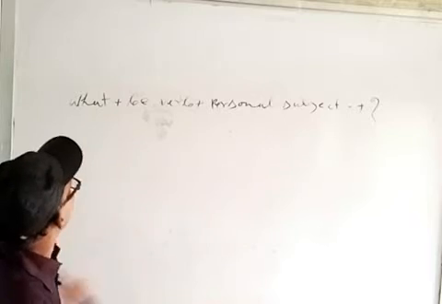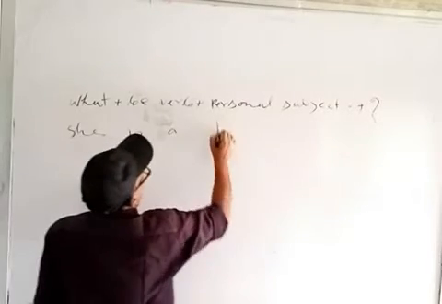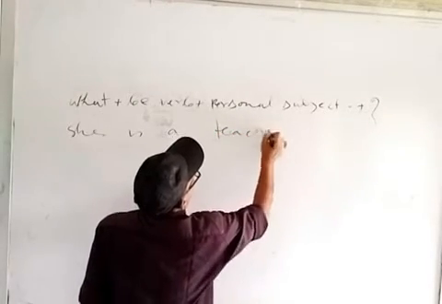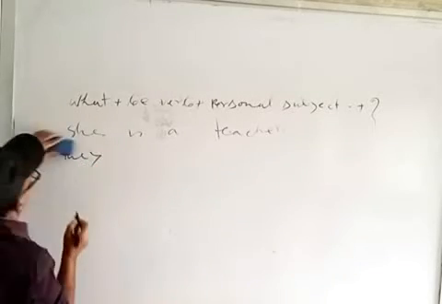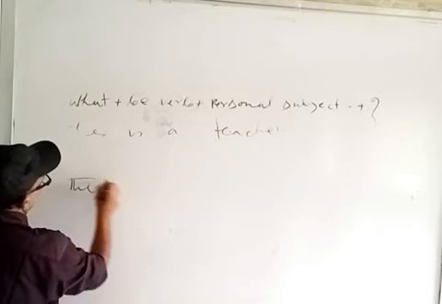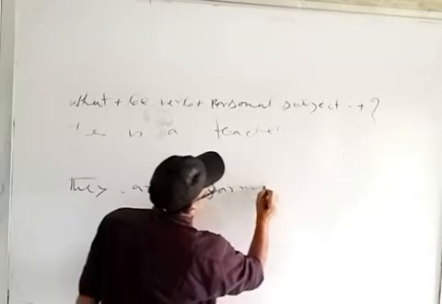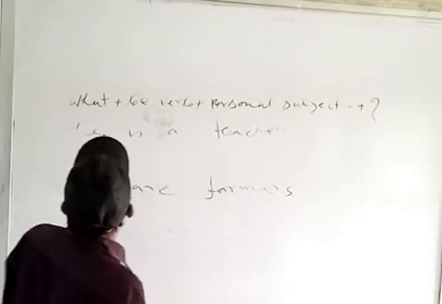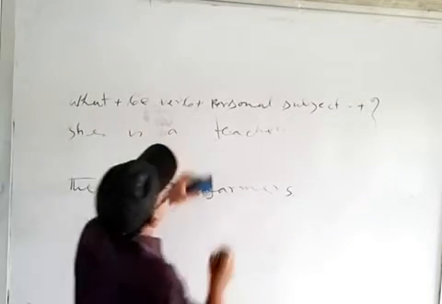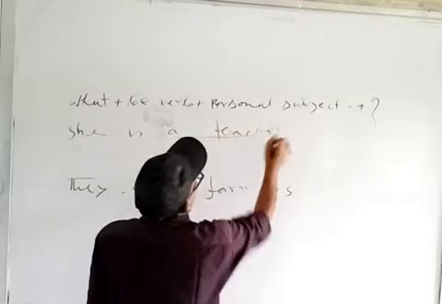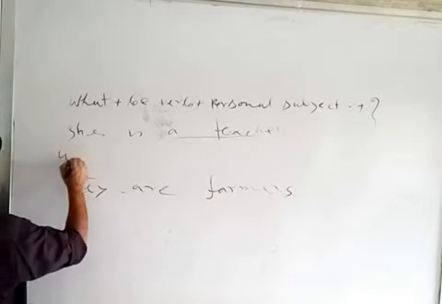So, example: She is a teacher. They are farmers. From example 1 we see a teacher. This indicates profession. So in place of a teacher you have to use what.